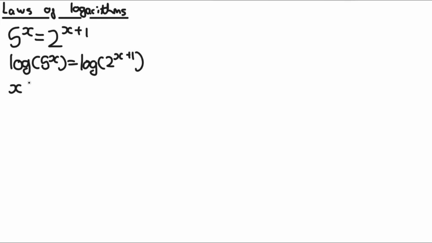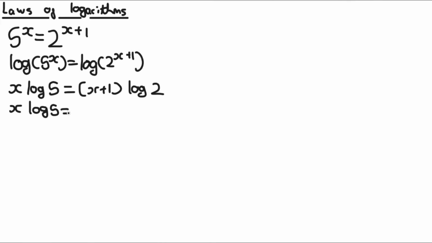So this is going to become x log 5 is equal to, and then this can become the coefficient. Remember to do brackets because this whole thing is going to become the coefficient. So (x plus 1) of log 2. We can expand the brackets, so this is x log 5, and this is equal to x log 2 plus 1 log 2, which is just log 2.